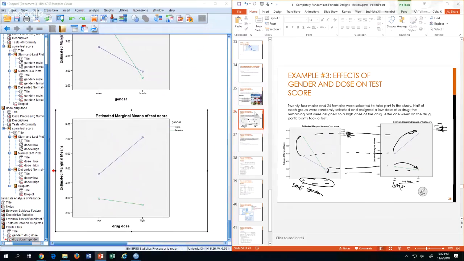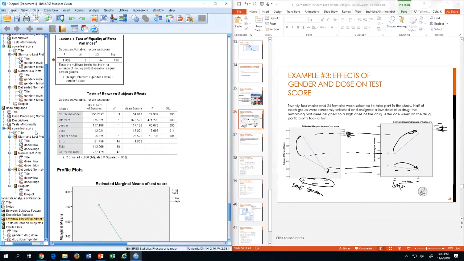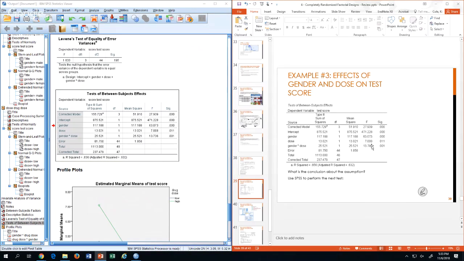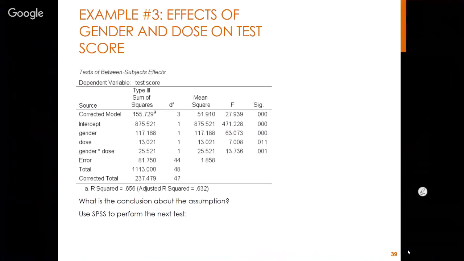Okay, so we can tell a story, but we haven't really tested anything significantly. And that is where we go to Levene's test for the second assumption that we need to look at. Does Levene's test hold? Yes. Now we can go to the between subjects effects, which I've copied over into the PowerPoint here. Where do we look first on this between subjects effects table?